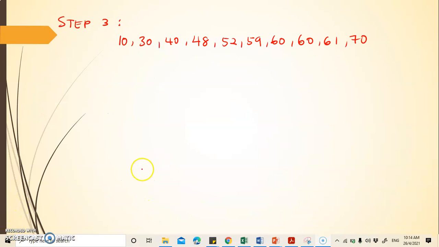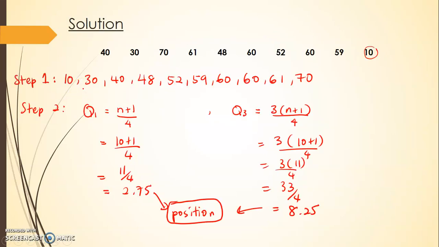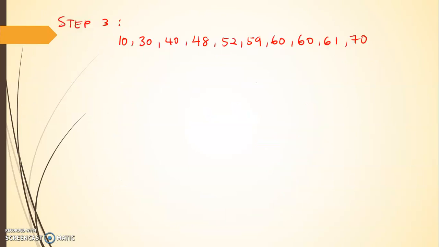Next, the third step. Okay, let's start with Q1 first. So for Q1, the position is 2.75. Now, based on the data that you have arranged just now, please name the position for each value.